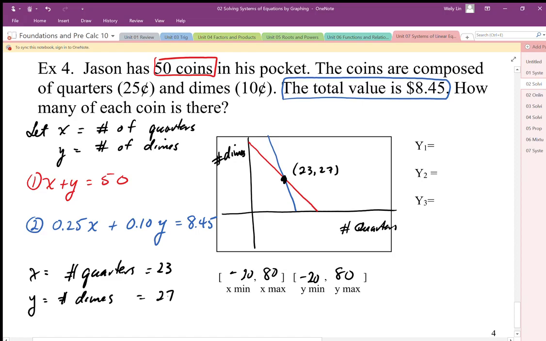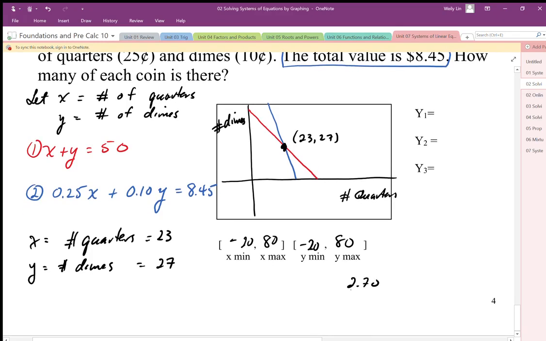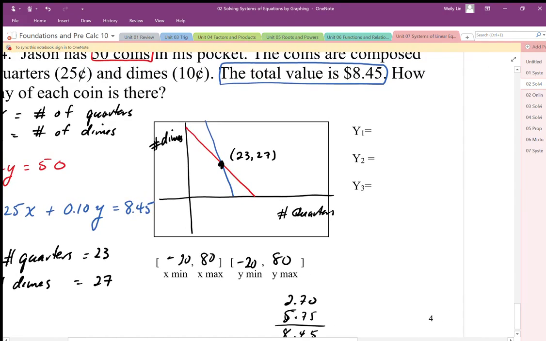That's equal to 27 dimes. And if I calculate this out, 27 dimes is $2.70. 23 quarters, well, I know that's going to be $5.75. When I add those together, I get $8.45. Yeah, that's exactly what I had.